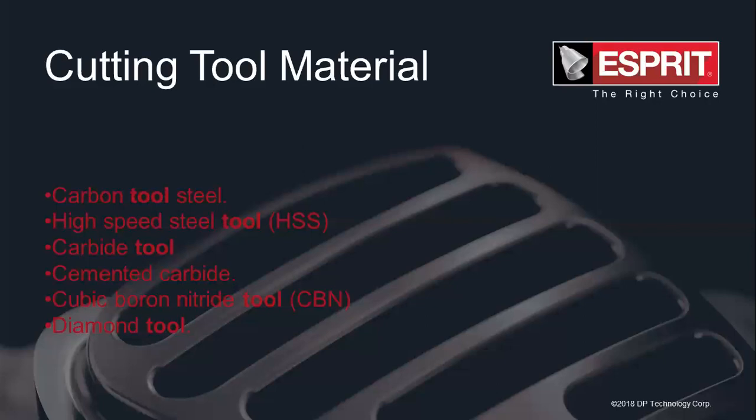Third, carbide tools. They are also known as vanadium carbide, or we can say it as tungsten carbide, where cobalt and nickel has been added as a binding agent, and they are manufactured with the help of powder metallurgy techniques.